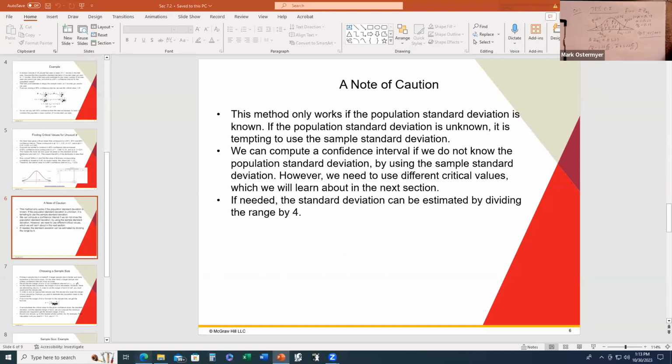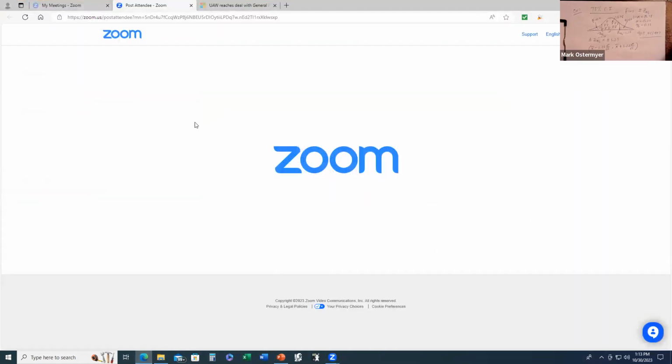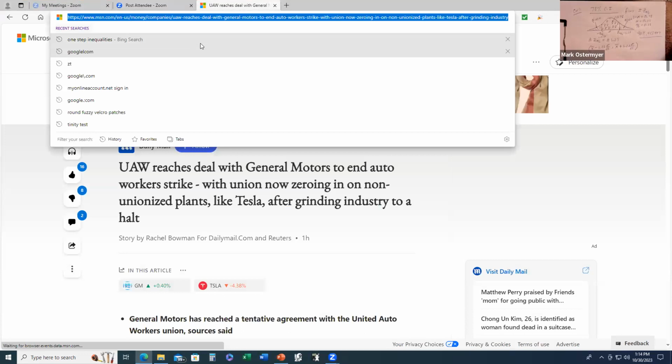Well, let's go to our textbook and have a little bit of fun before we entertain the last aspect of this section, which is a sample size problem. Wait a minute. Hold on a second. I don't think I even logged in. I thought I logged in here.